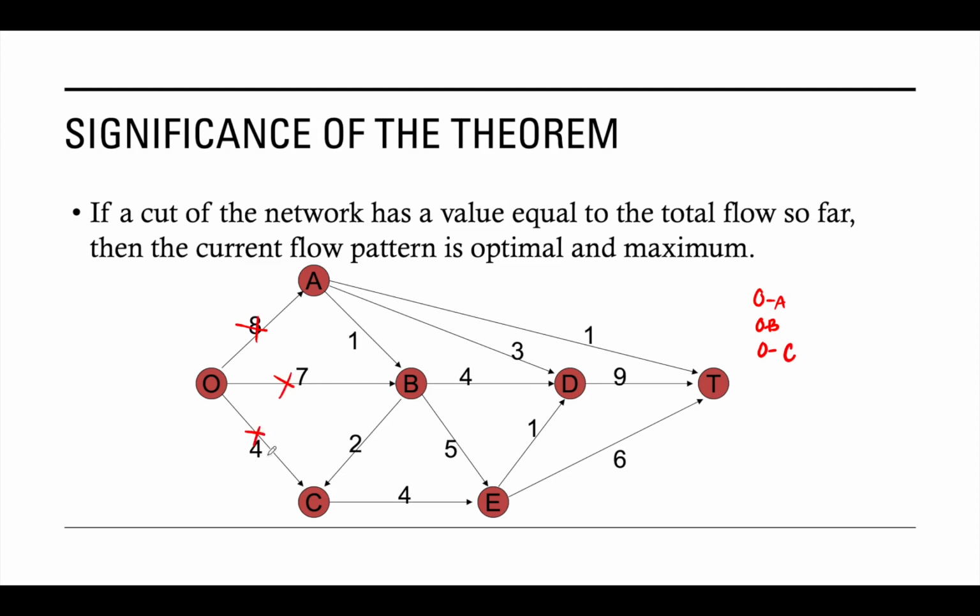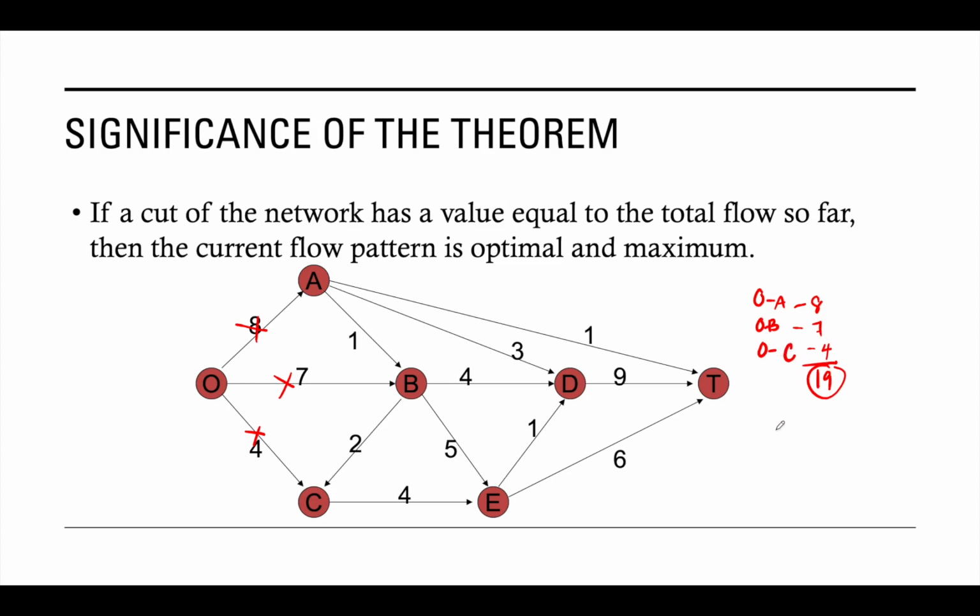If you remove these arcs, then movement from node O to node T is impossible. And because OA, OB, and OC is a cut, their capacities 8, 7, and 4, which gives us a total of 19, is the cut value of OA, OB, OC.